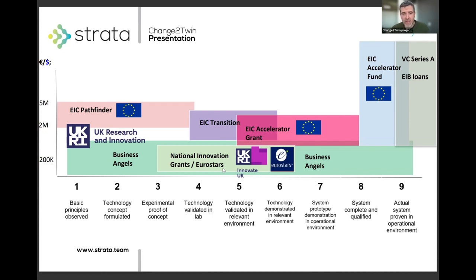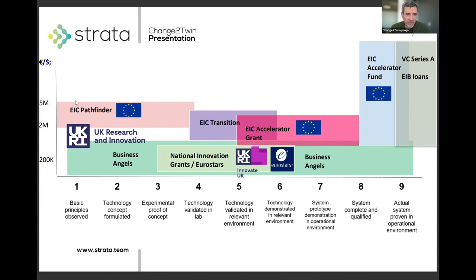And then once you want to acquire bigger rounds or bigger amounts of capital, you have to go in general to other European projects. We have some programs that are funded by the EIC, the European Innovation Council.